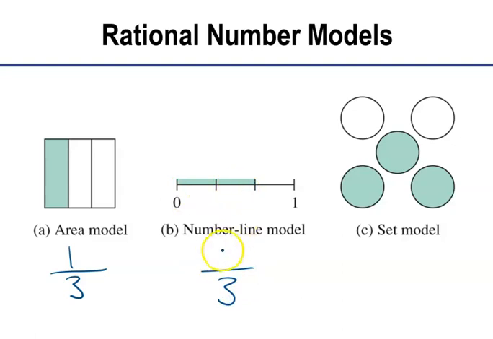But notice this time we have 2 out of 3 shaded. So that represents the fraction or rational number 2/3. And then you could also look at this in terms of sets. So there are 1, 2, 3, 4, 5 in this set, and we have 3 of them shaded, and that represents the rational number 3/5.